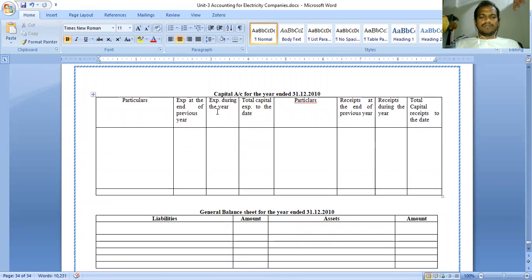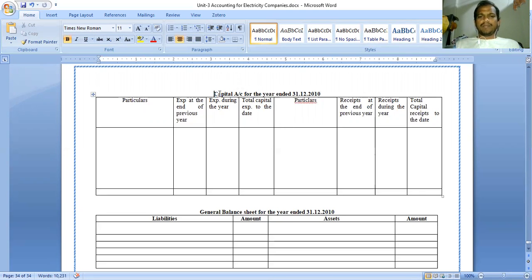So capital account, the balance sheet under the double accounting system, we separate the capital items and other asset related or liabilities related items in two different parts.